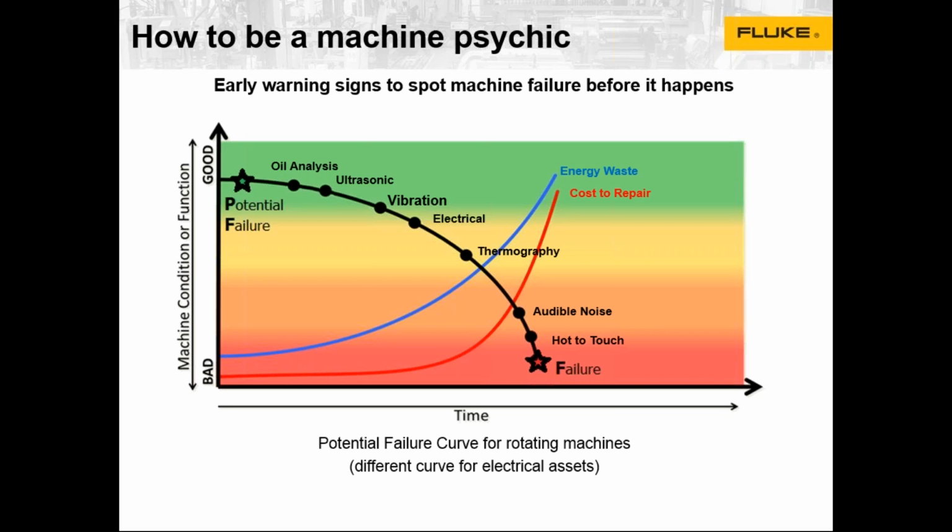And by using vibration on rotating machinery, we're able to know when the bearing goes from slight to moderate to serious to extreme. So now we can plan the repair. Now we know when we need to schedule the repairs and when we need to fix this machine.